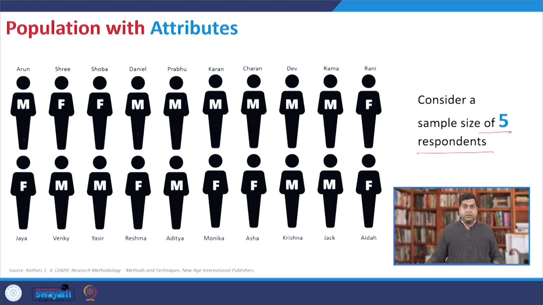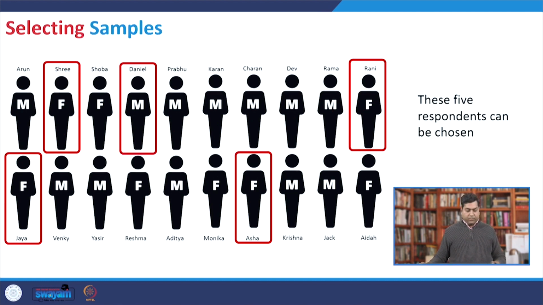How to select? In this case I can select, okay, like this. I select the second one, the fourth one, then maybe the 10th one or the 11th one, and then maybe the 17th one.